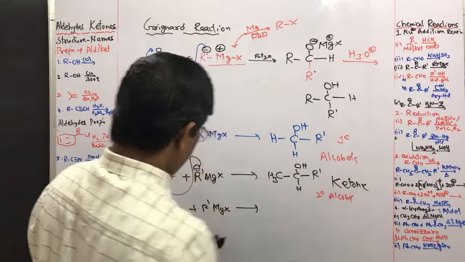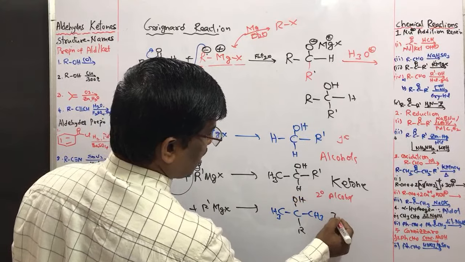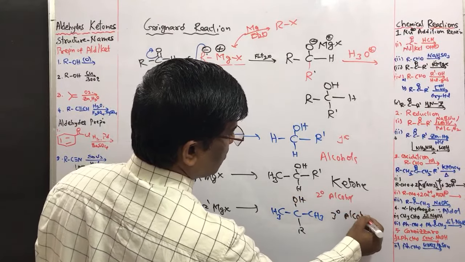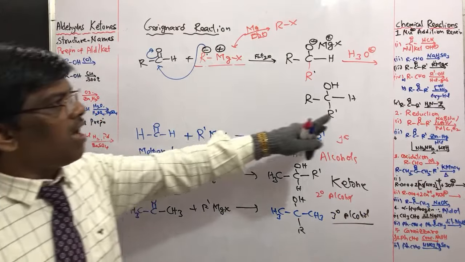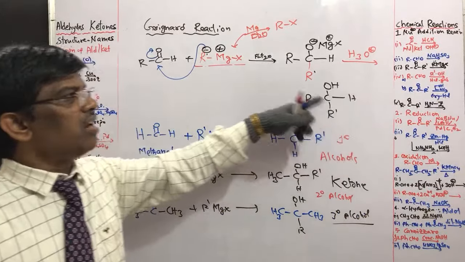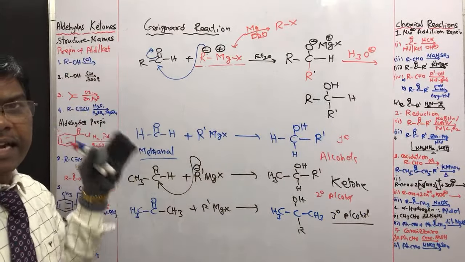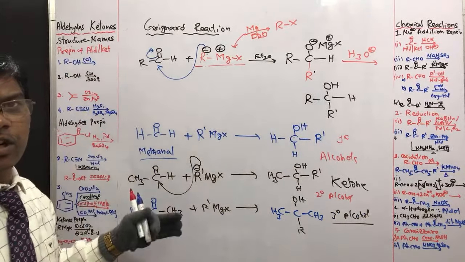This R prime has come, and this is tertiary alcohol. So this is how I can prepare primary, secondary and tertiary alcohols via Grignard reaction of aldehydes and ketones. So only formaldehyde is going to give primary alcohol, and the remaining aldehydes are going to give secondary alcohols, and ketones are going to give tertiary alcohols.